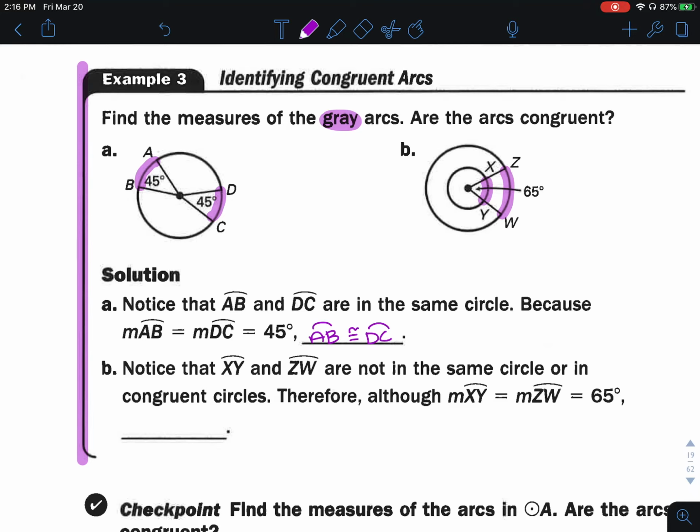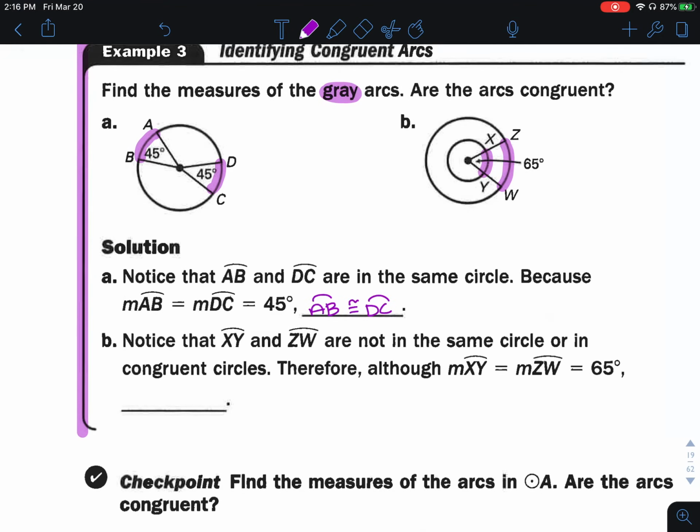So, although the measure of XY is equal to the measure of ZW, which is 65, because they are not in the same circle or congruent circles, XY is actually not congruent to ZW. Again, we do need those two things. They have to have the same arc measure, and they have to be in the same circle or congruent circles.